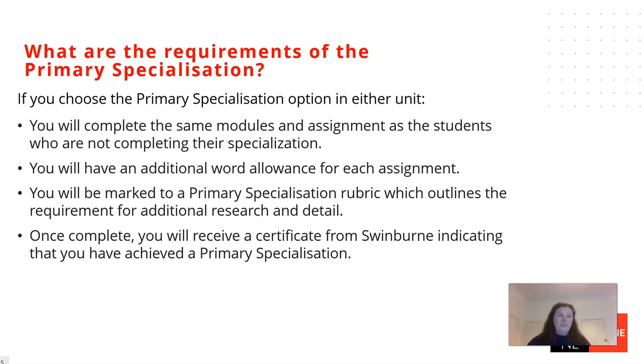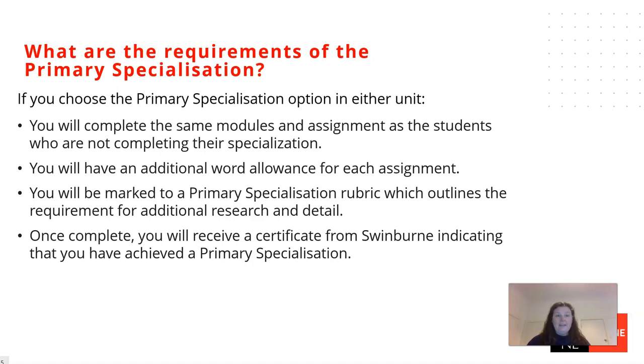What I often say to students is that your primary specialisation assignment is not dramatically harder than any other assignment at the final stage of your Masters. It's just bigger, so you'll need to put more work into it. It will take you more time, but it's not necessarily any more difficult than the usual standard of assignment.